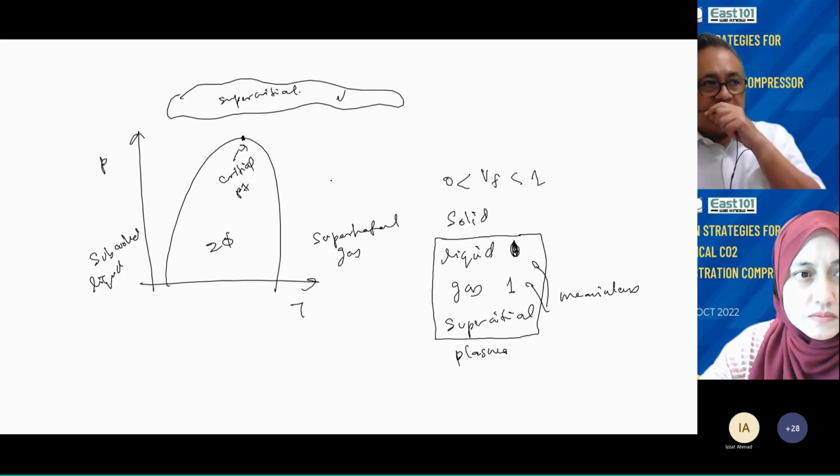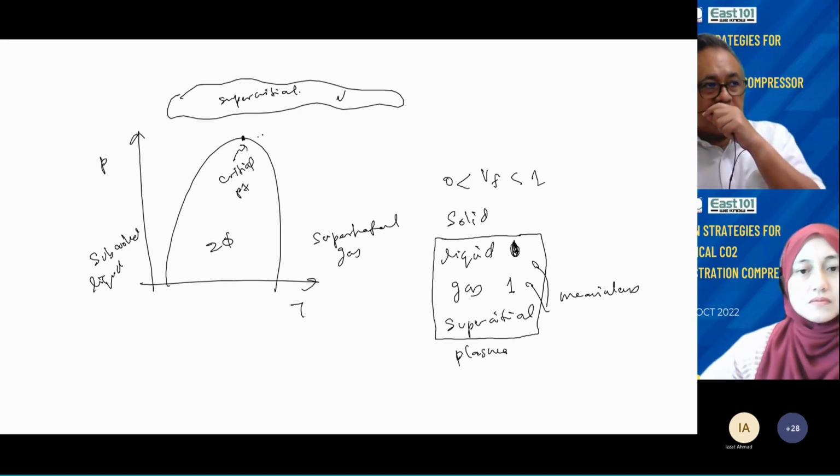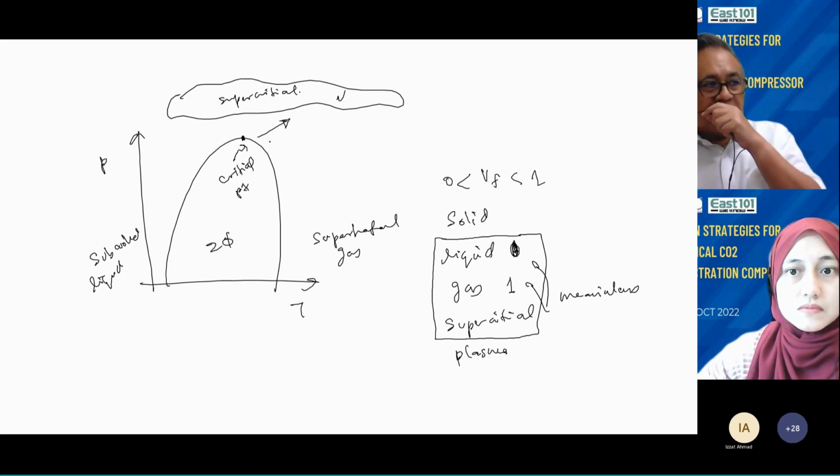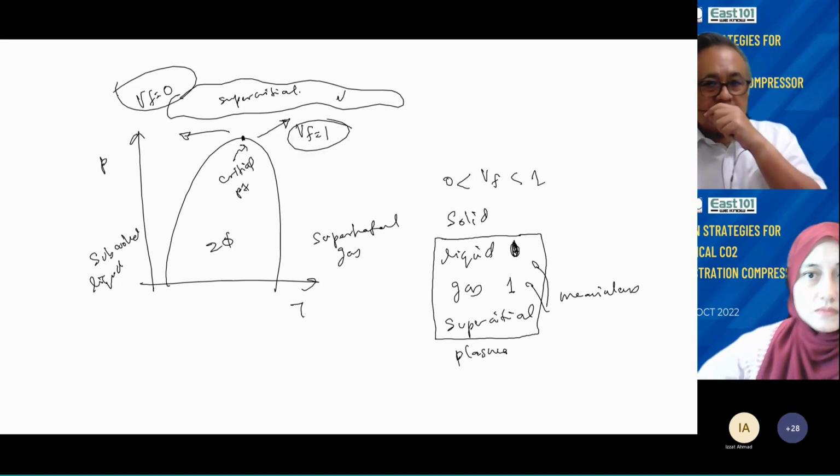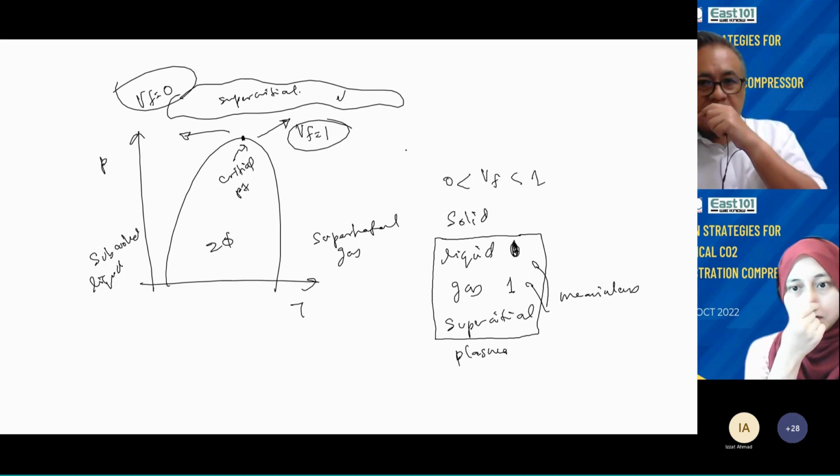The convention of HYSYS is it depends. I can't remember the actual criteria. If you open up the manual, it should be able to tell you the criteria. If you're here, then it will assign a vapor fraction of 1. If you're more liquidy in this region, it'll assign a vapor fraction of 0. But these numbers are meaningless.